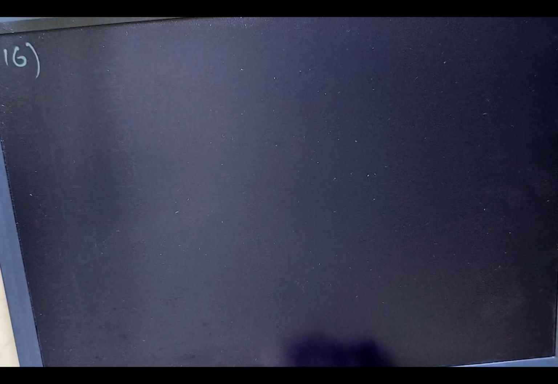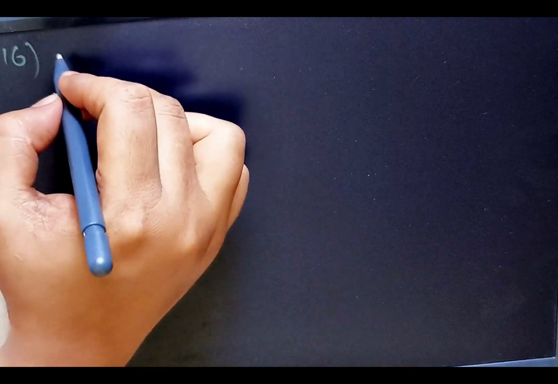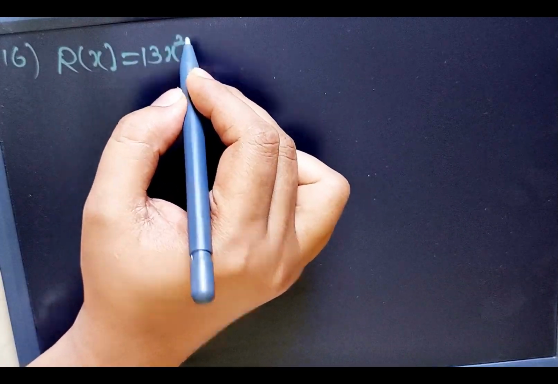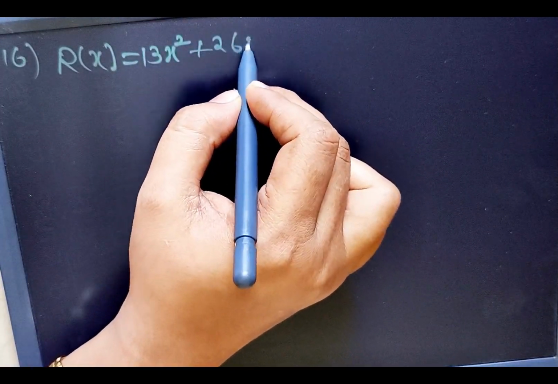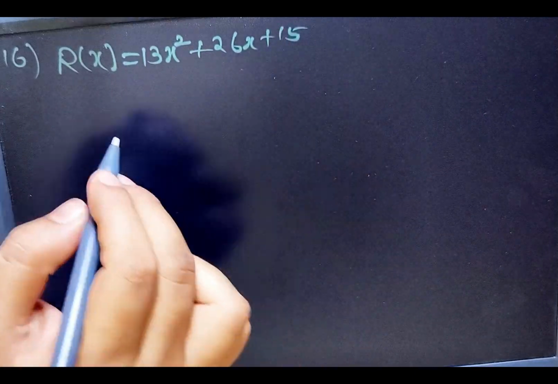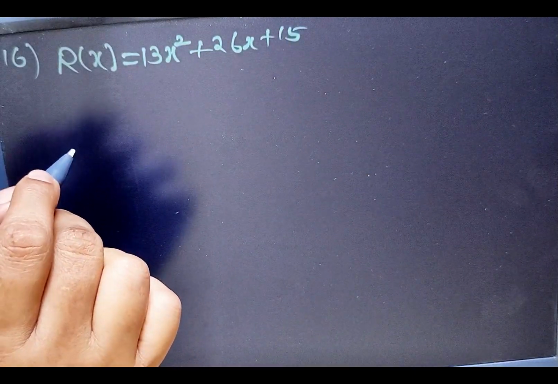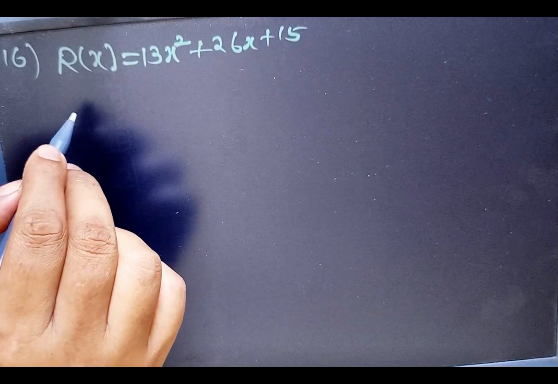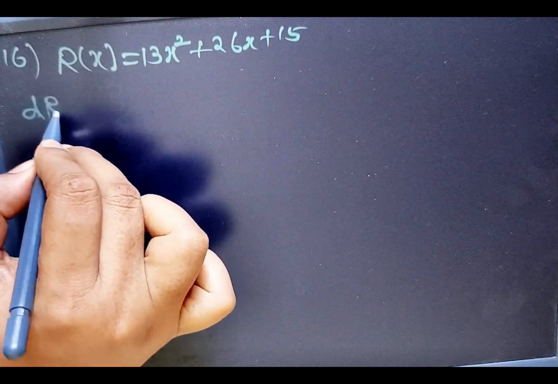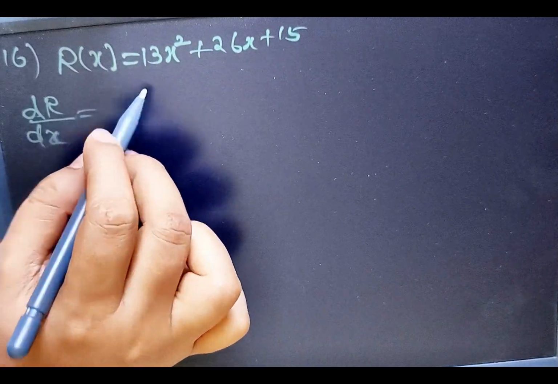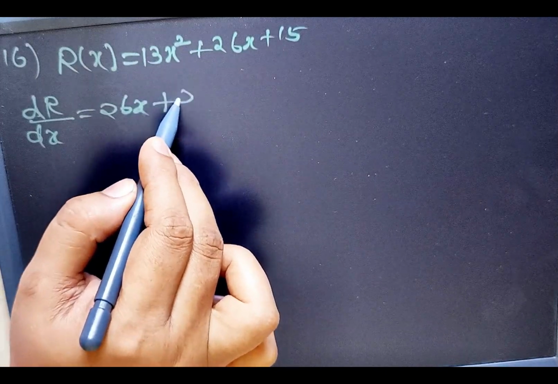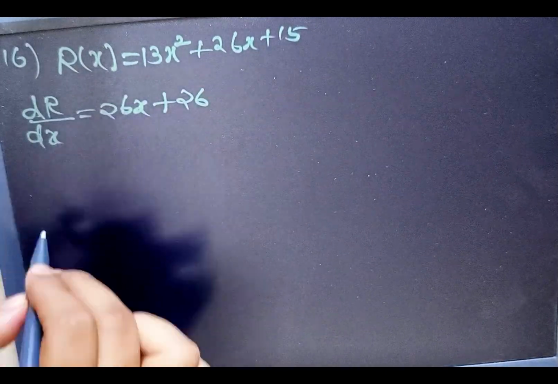Question number 16. Total revenue in rupees received from the sale of x units of a product is given by R(x) as 13x² plus 26x plus 15. Find the marginal revenue when x is equal to 7. Now, the marginal revenue will be the derivative of this total revenue, that is dR/dx. On differentiating, we get 26x plus 26 into 1, and the constant will be 0.